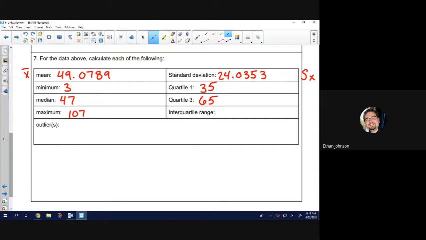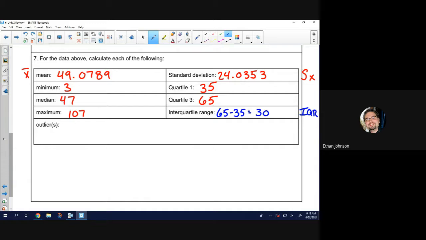Interquartile range, or IQR, remember, is our Q3 minus our Q1. So in this case, it is 65 minus 35 to get 30. Now for outliers, there's a process.